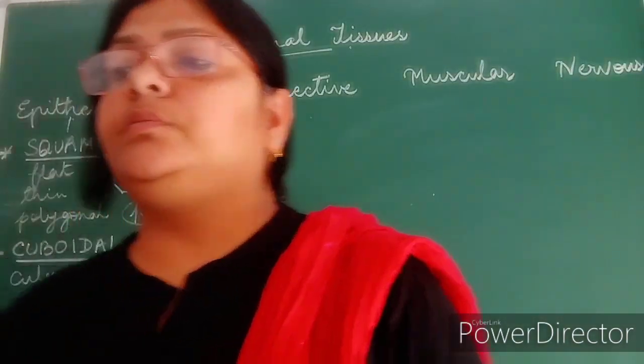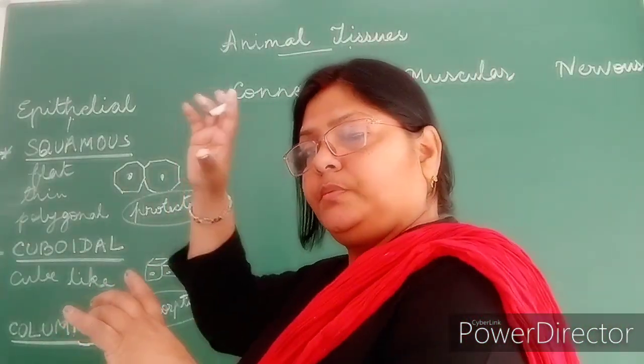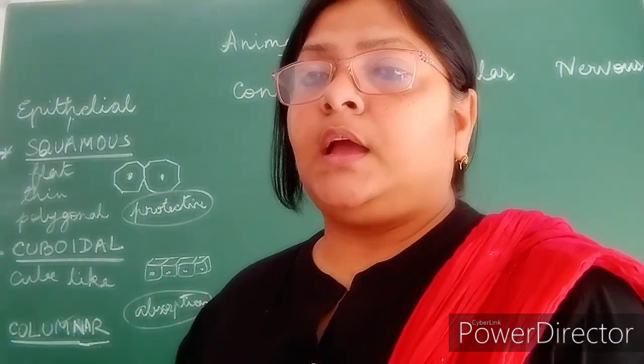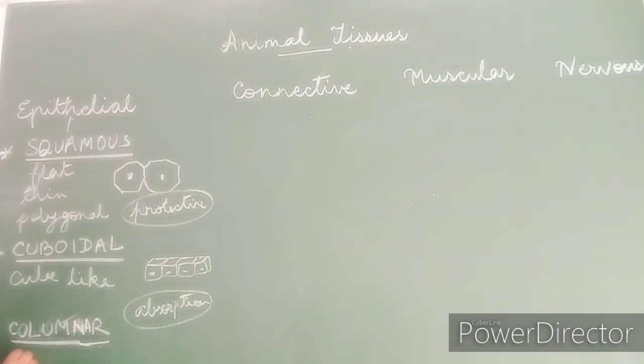Fine. Now coming to columnar epithelium. So these are vertically arranged, one on the top of the other. These are vertically arranged, tall and column-like. Column-like means they are taller than their breadth.